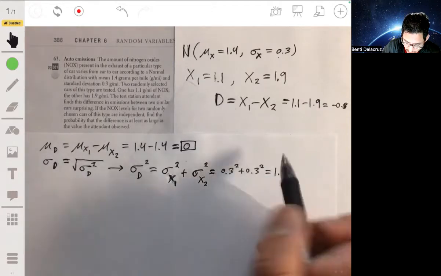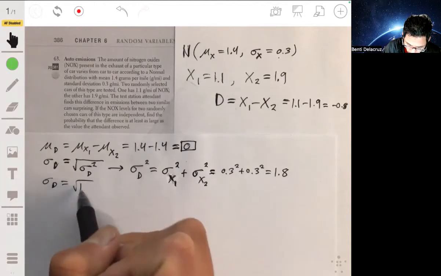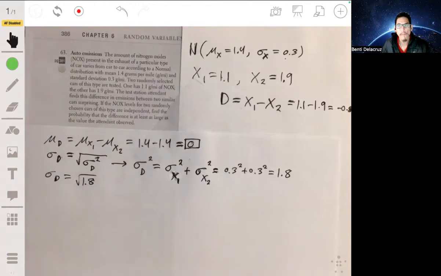So the standard deviation of D will be the square root of 0.18.